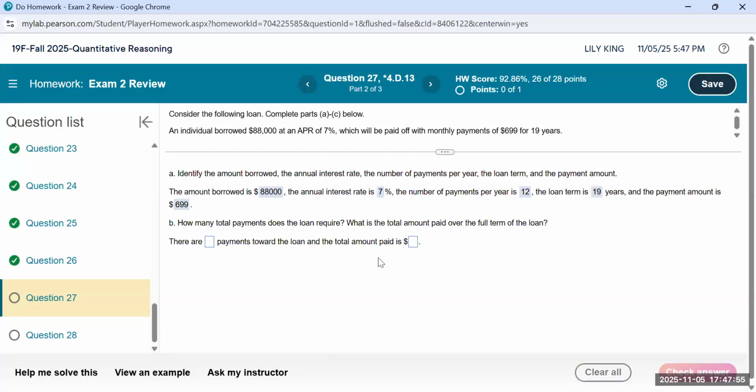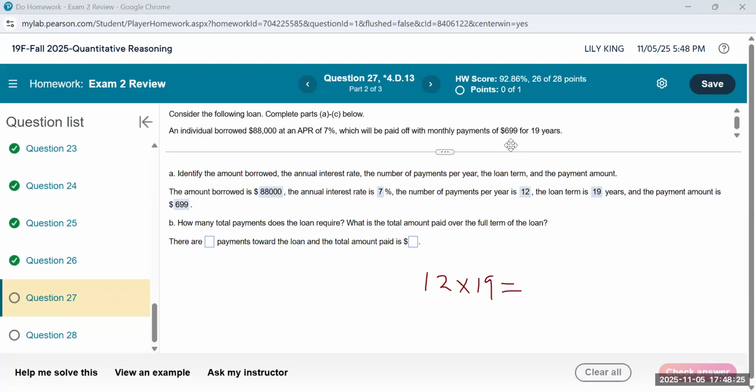And how many total payments does the loan require? And what is the total amount paid over the full term of the loan? Now, if you're making a payment of $699 each month for 19 years, at the end of the loan term, the number of payments you would have made will be 12 times 19.